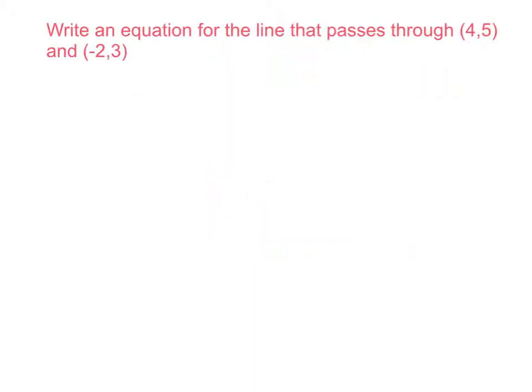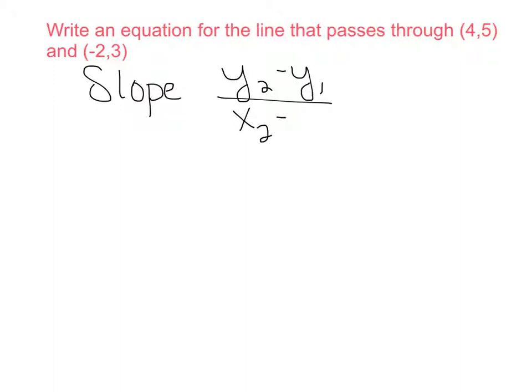So let's look at an example together. This says write an equation for the line that passes through (4, 5) and (-2, 3). So you want to first start out by finding the slope, and I'm going to use y2 minus y1 over x2 minus x1 to find the slope.